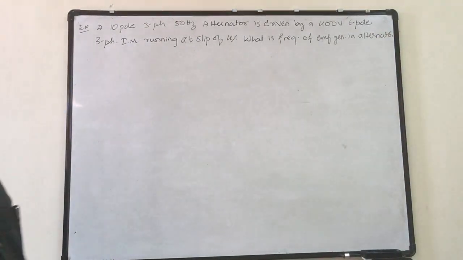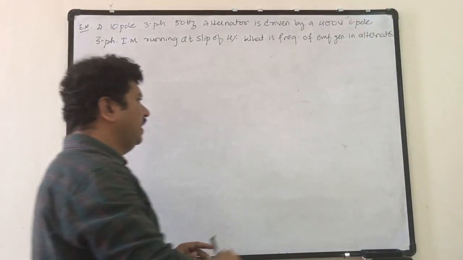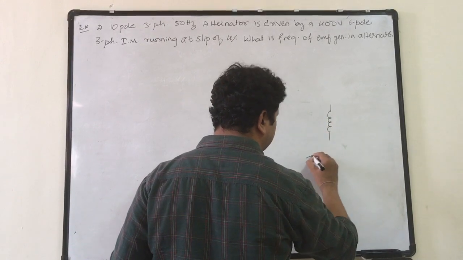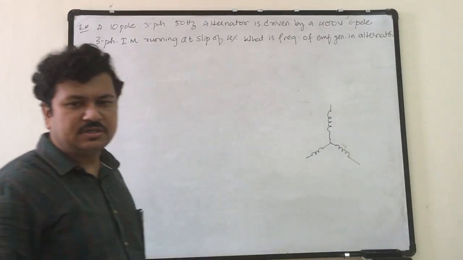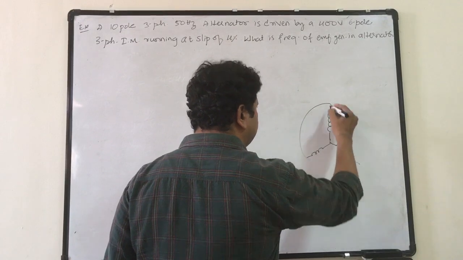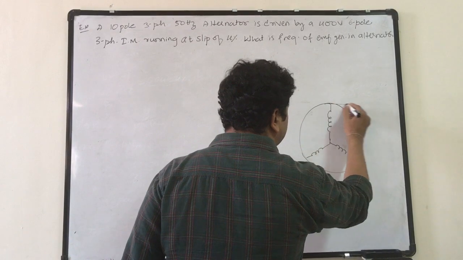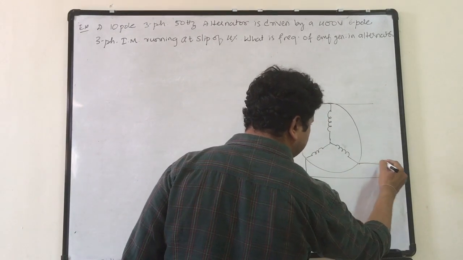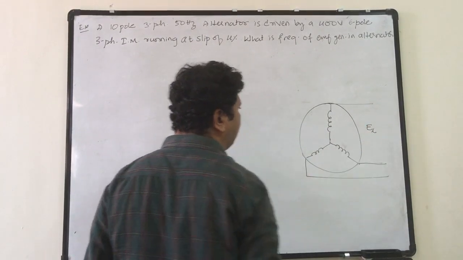So in the previous case, generator was supplying the motor. In this case, motor is supplying the generator. Now I have a 3-phase alternator. This is the circuit symbol of alternator. And I have EMF induced here, EL.